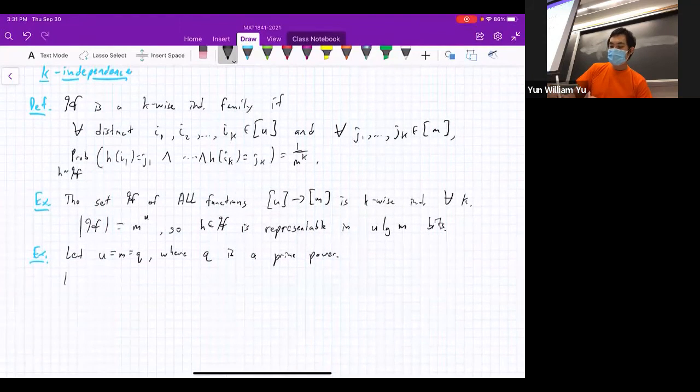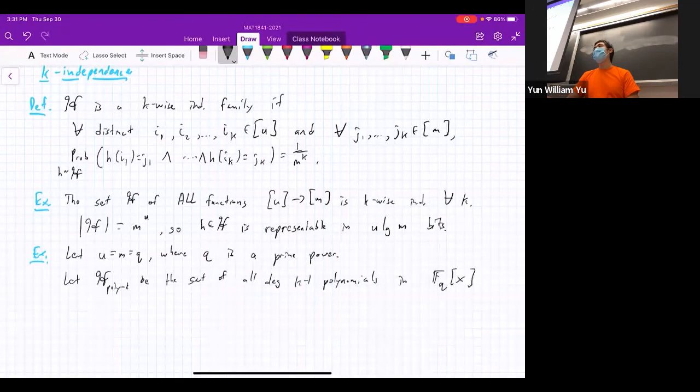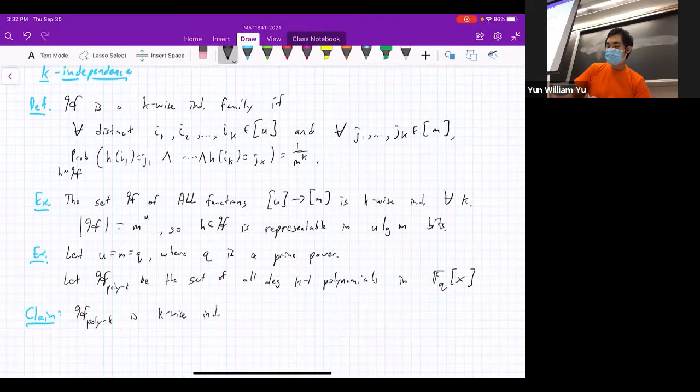And now let's call it H poly K, the set of all degree K minus 1 polynomials in the Galois field of order Q, all polynomials in that field of up to degree K minus 1. And the claim I now make is that this family is also k-wise independent. And this is true for any Galois field that you want to work with.